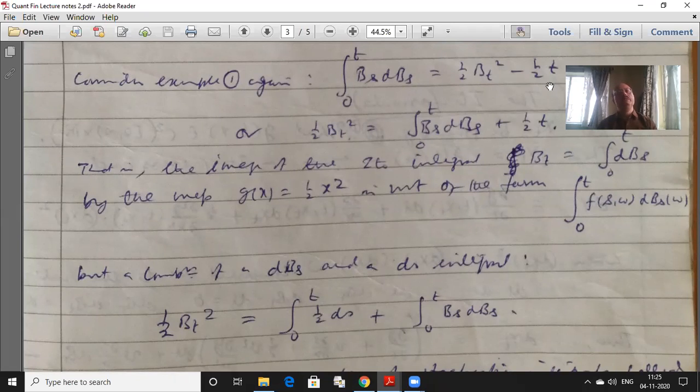So the transformation of the right hand side under a nice function like half x squared gave us two parts, not one single integral. It gave us two different integrals. One is a dt integral which gave us half t, and the other is the B_s dB_s integral.